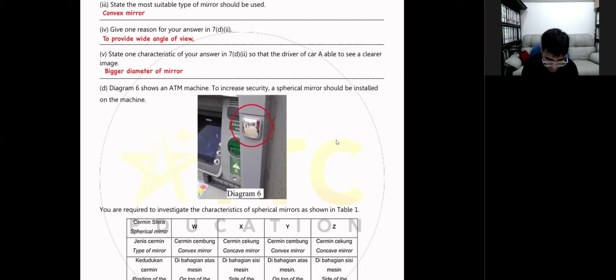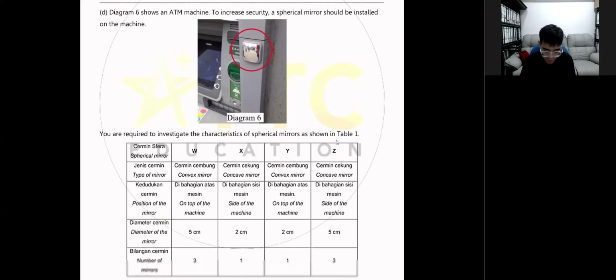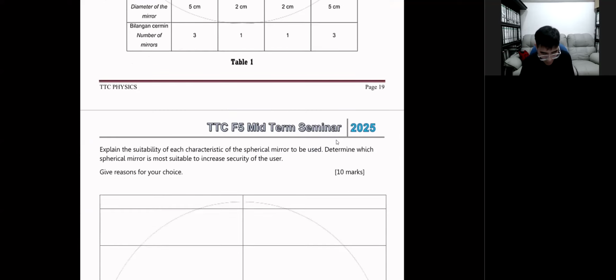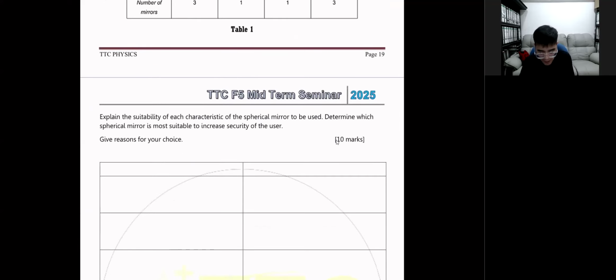Now then question D. It's an essay question. So question D asks, in diagram 6, it shows an ATM machine. To increase the security, a spherical mirror should be installed on the machine. Over here at the bottom, the table tells you different characteristics for the spherical mirror used: W, X, Y, Z. The question wants you to explain the suitability of each characteristic of the spherical mirror to be used.